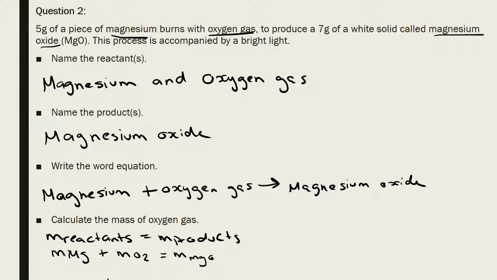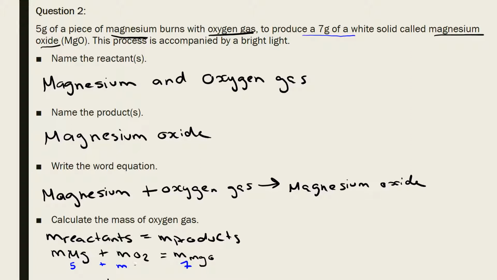So we know that the piece of magnesium is 5 grams. And we know that to produce 7 grams of white solid, the magnesium oxide is 7 grams.